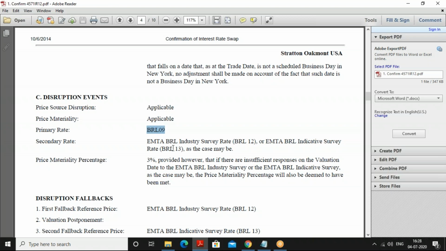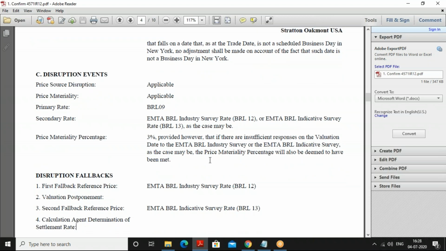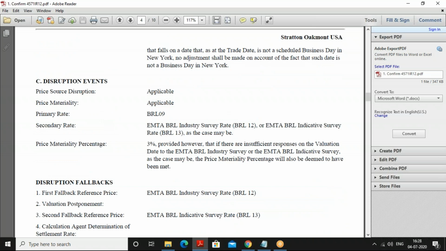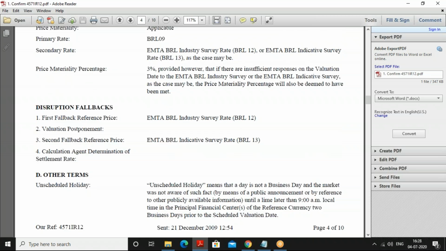But if BRL9 is down, you can use BRL12, or you can use BRL13, as the case may be. So it details out in case there is any issue. If there's any unscheduled holiday, or any problems, the agreement will take care of it.